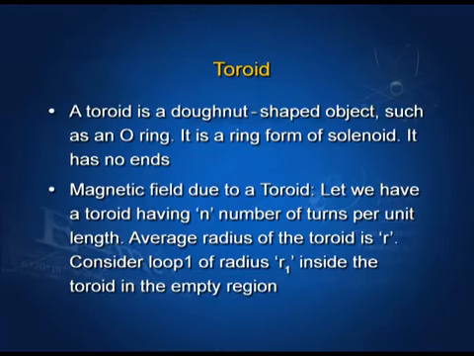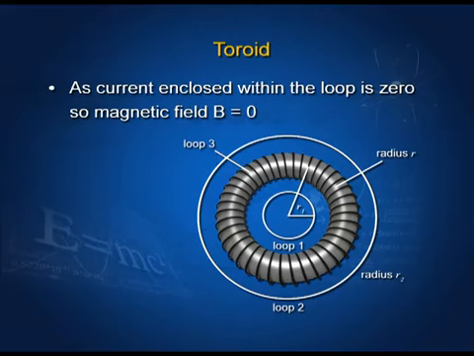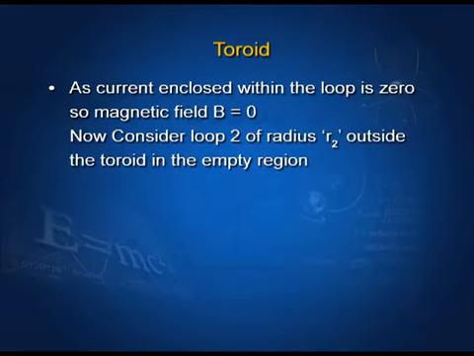Consider loop 1 of radius r1 inside the toroid in the empty region. Applying Ampere's circuital law for the loop, we obtain the integral of B dot dl equals mu naught times I. As the current enclosed within the loop is 0, the magnetic field B will also be 0. Let us consider loop 2 of radius r2 outside the toroid in the empty region.